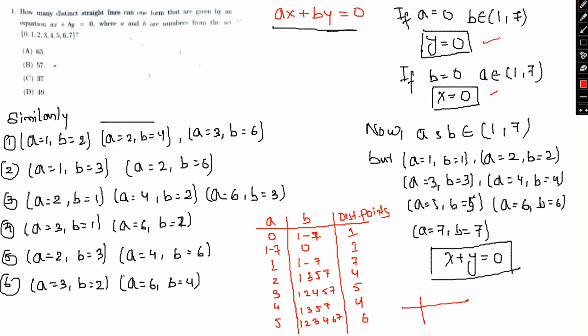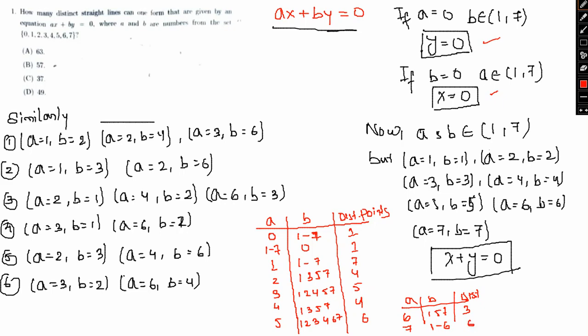Similarly, if I take A equal to 6, then we have 1, 5 and 7, so 3. And if we have A equal to 7, then 1, 2, 6, all the points, so this will be 6.